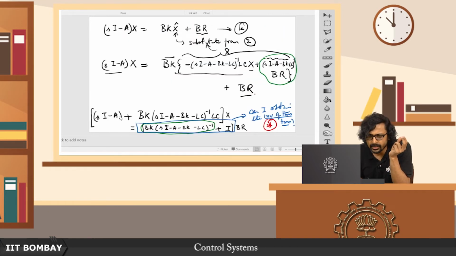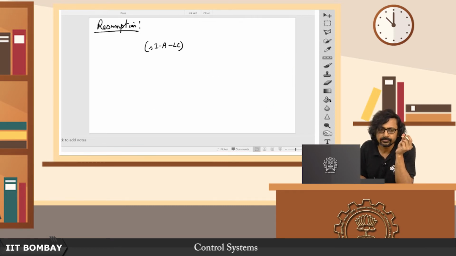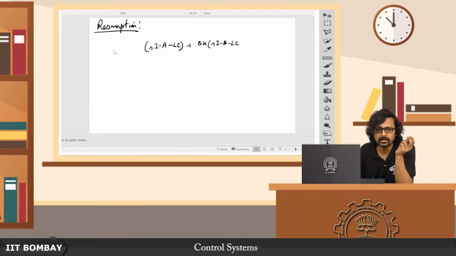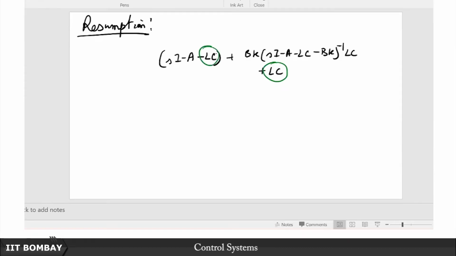So I am just going to take Si minus A minus Lc and add a plus Lc, and you will immediately see what happens then. Then you will have bk times (Si minus A minus Lc minus bk) whole inverse times Lc, plus Lc. So this plus Lc and minus Lc I am adjusting here.